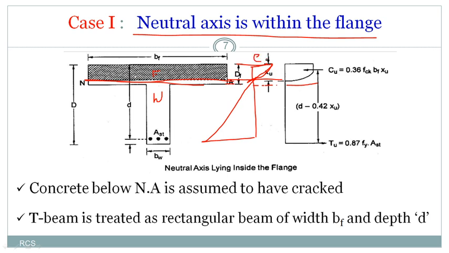This is the strain in compression, and this is the strain in steel, I can say Es. Now, if you see the stress distribution diagram, it will vary in two fashions. Up to some point, it will vary as a parabola, then it will be a rectangle. These things we have discussed when we assumed some assumptions for the limit state of collapse in flexure, for rectangular beams.